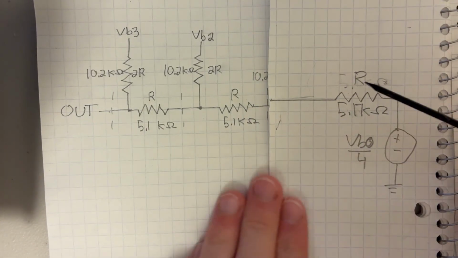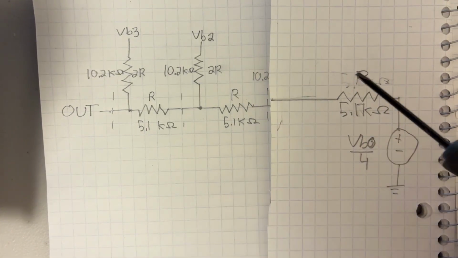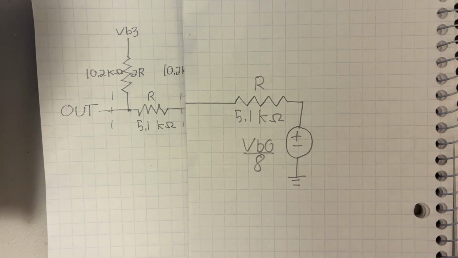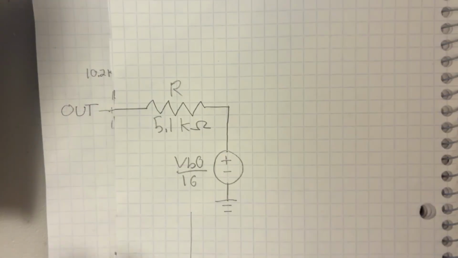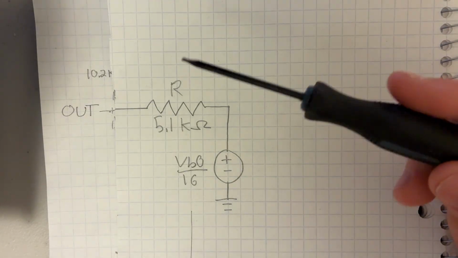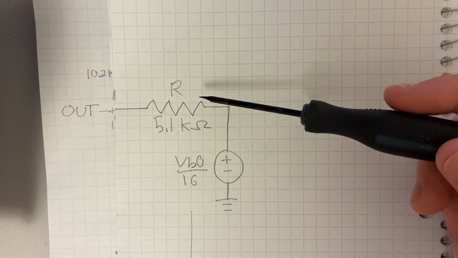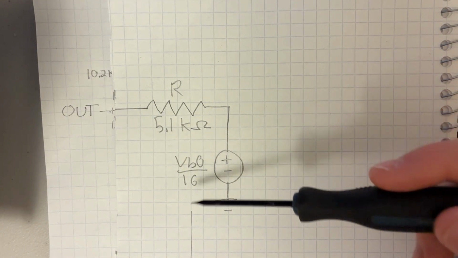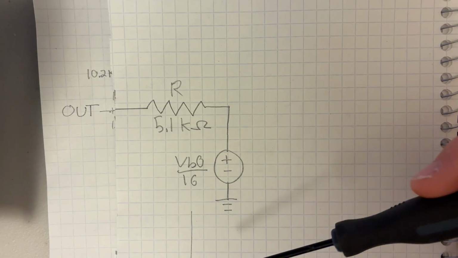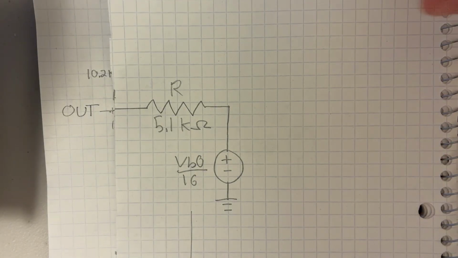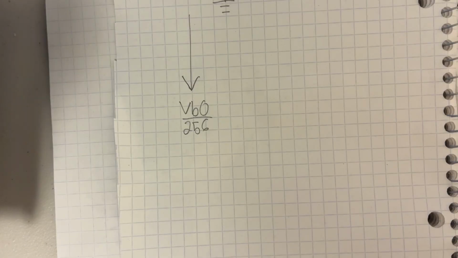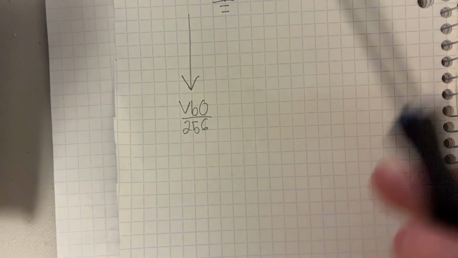And then we have another R, 2R, the voltage will halve again. And the same thing, we'll do that one more time. And now we have, at the output, for bit 0, 9 volts over 16. But if this were in our 8-bit circuit, bit 0 would give 9 volts over 256.